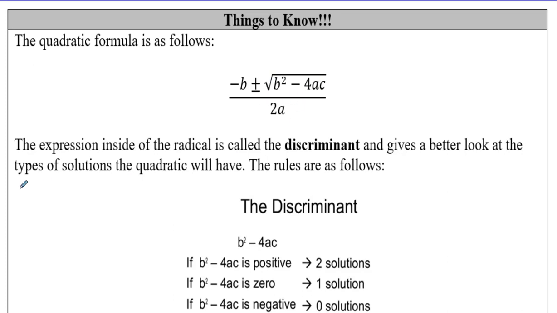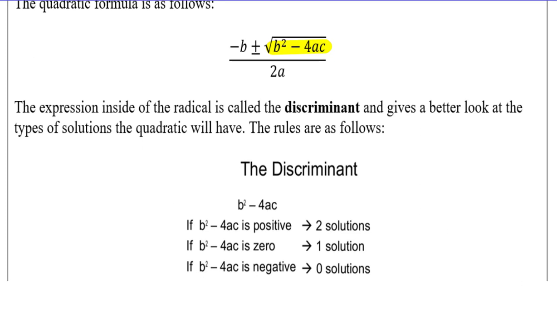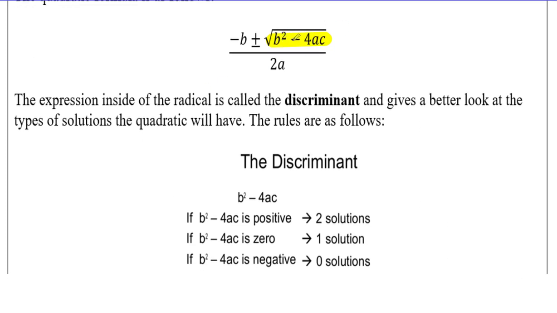and then we got the radical of b squared minus 4ac all over 2a. This little part right here, the expression underneath the radical, is what we call the discriminant, and this gives us a look at the types of solutions we're going to have. The rules are as follows. After you evaluate b squared minus 4ac, and please use your order of operations, your PEMDAS, correctly: if it's positive, you're going to have two solutions.